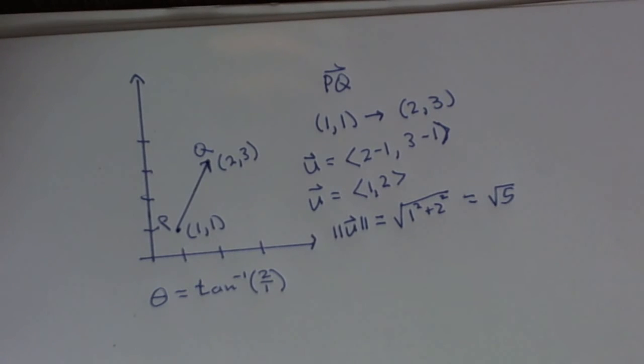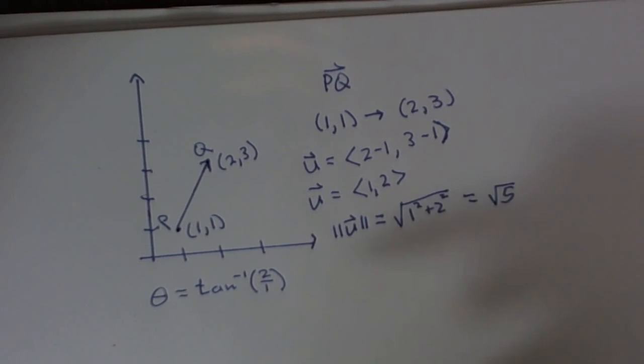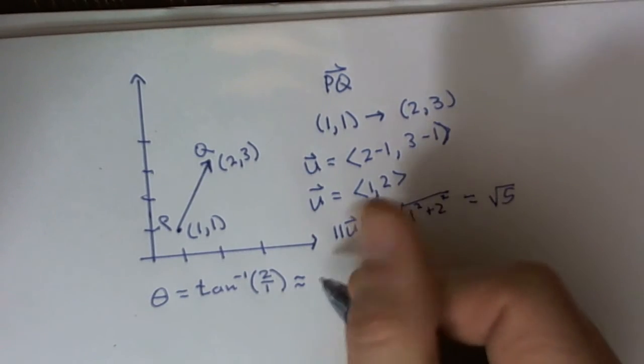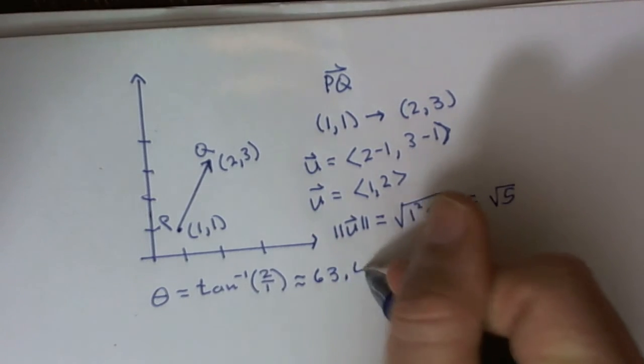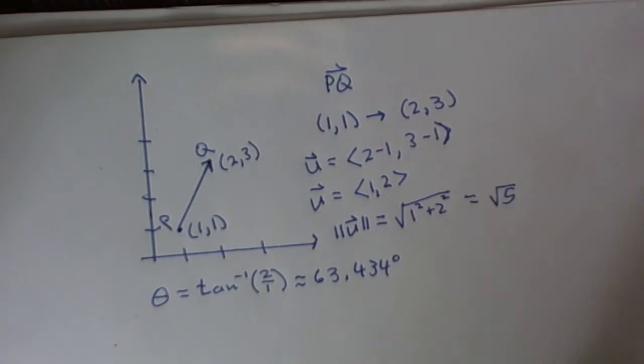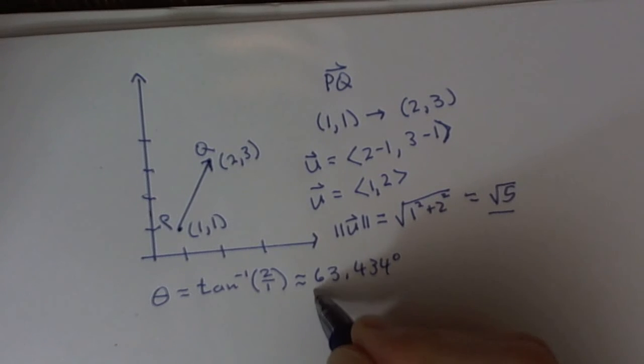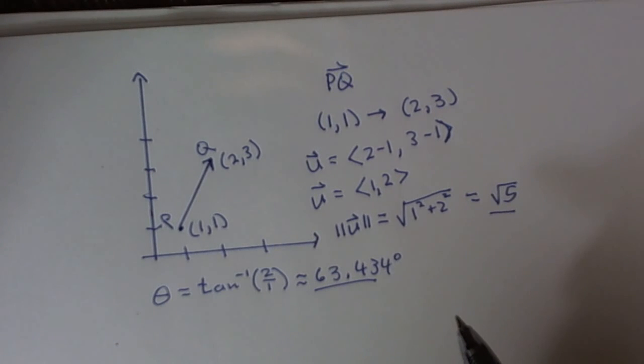If it has a terminal point in quadrant 2 or 3, then you have to add 180 to that, so you have to be careful about that. And if you're in radian mode, you would add pi to it. But this is approximately 63.434 degrees. So we've got the magnitude and we've got the direction of the vector.